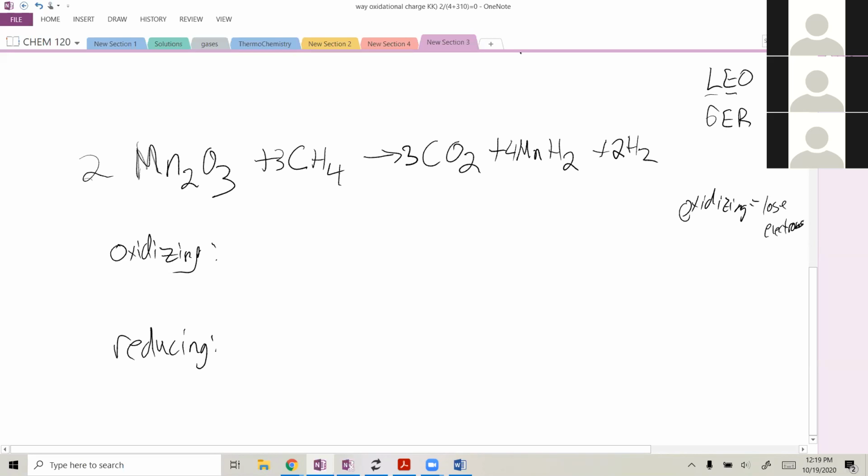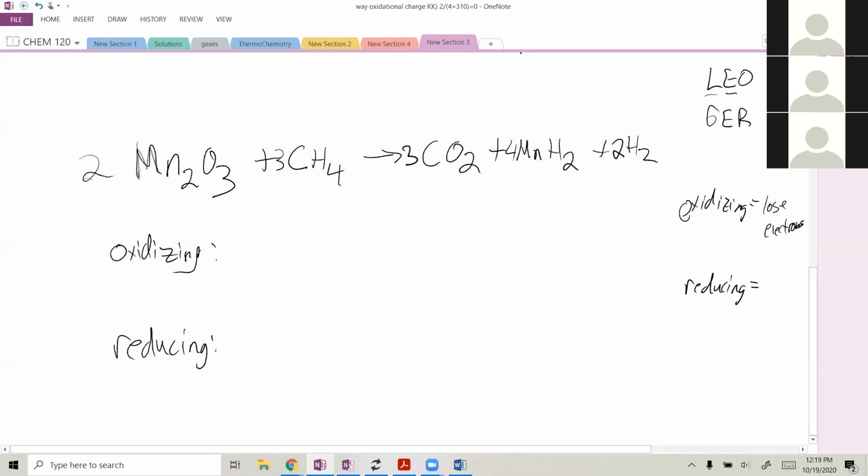And so if it loses electrons, does its oxidation number go up, become more positive, or does it go down, become more negative? Are electrons positive or negative? So if we lose negative things, are we going to become positive or negative?